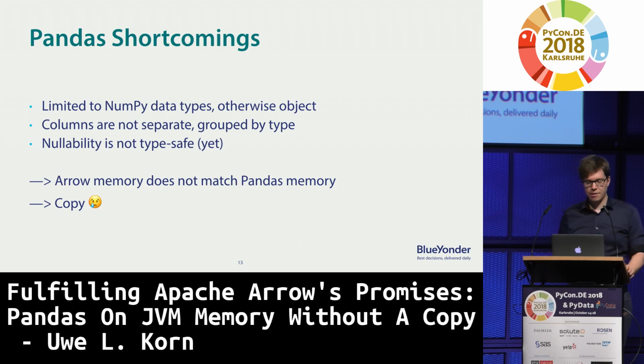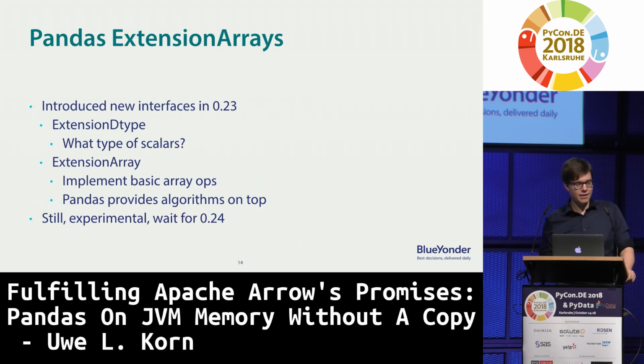A nice feature in pandas, which is available in the latest release, but actually you should wait for the next major release of pandas, is extension arrays. Extension arrays are a small set of interfaces you need to implement, but they're really powerful. The powerful thing is you implement storage for a pandas column, but the analytics on top are provided by pandas and not by you.